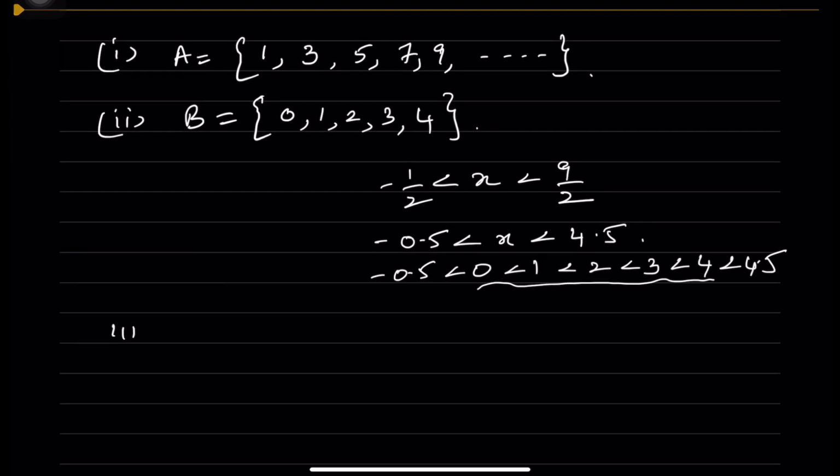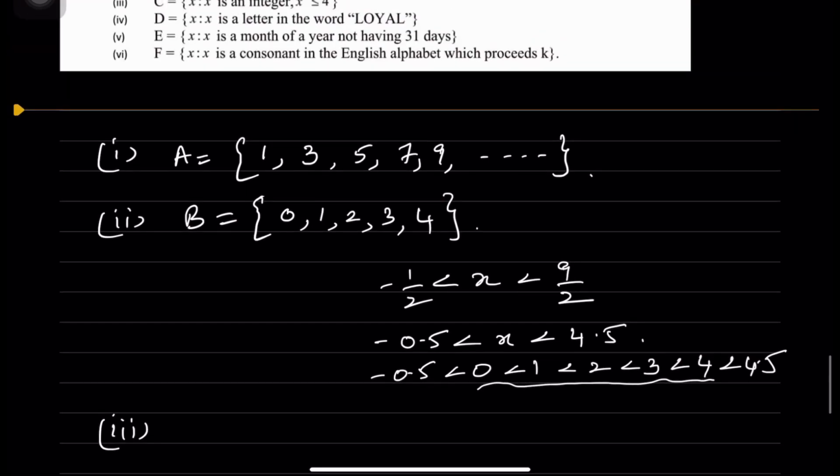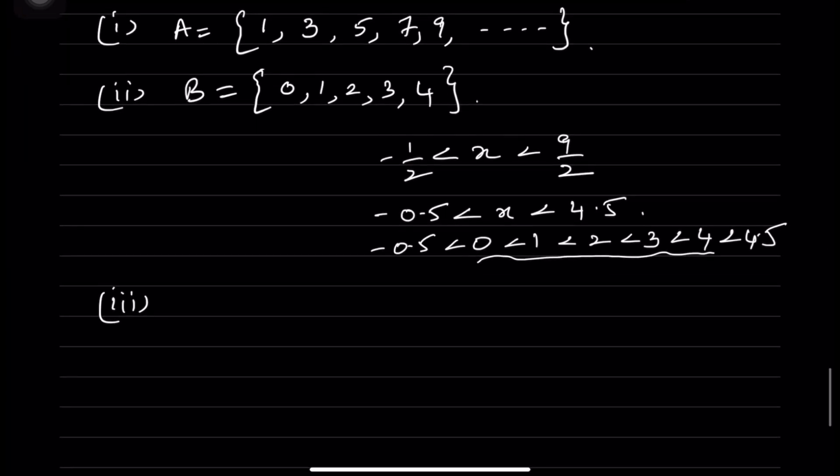Next, going into the third one, what's the third one? We'll see. Third one, C is defined as x such that x is an integer, x square is less than or equal to 4. So x is an integer and x square is less than or equal to 4 means we have to take integers. So therefore we know that C is equal to, we can see that x square is less than or equal to 4.